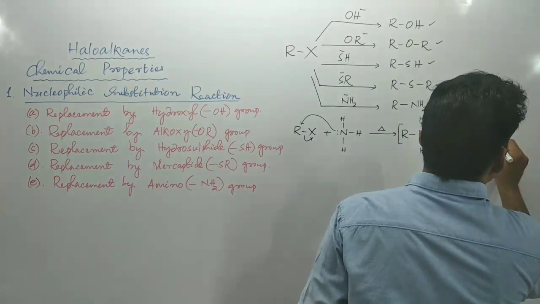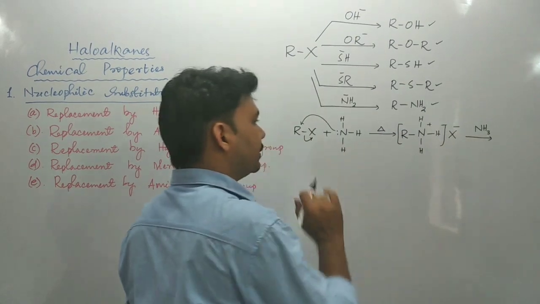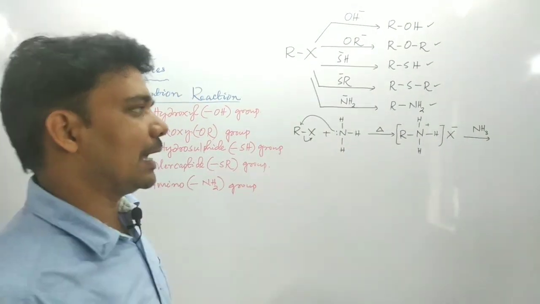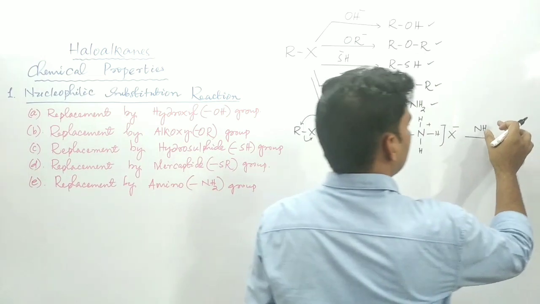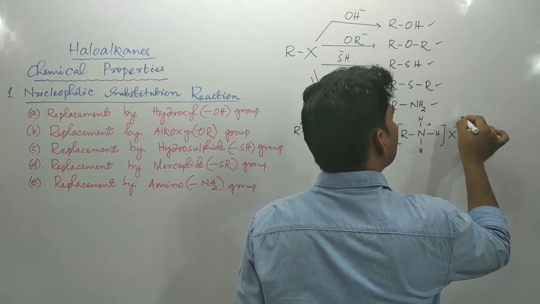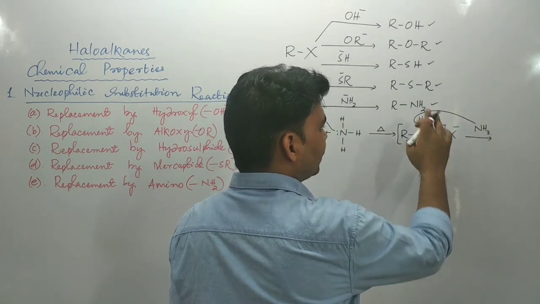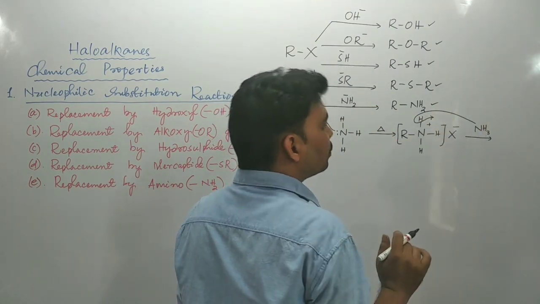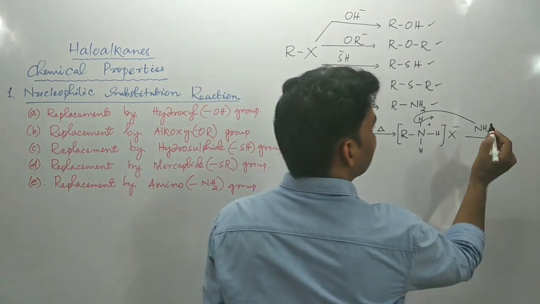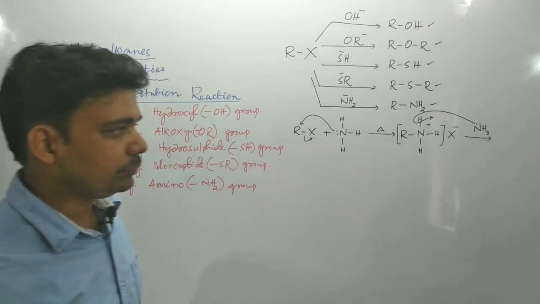Ammonia is present in the medium because it has been used here as the reagent. So ammonia will help to release a hydrogen ion. Any of these hydrogens could be removed as H plus ion in the presence of this Lewis base.